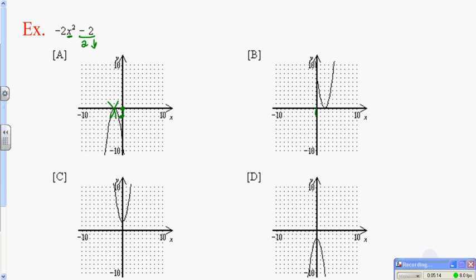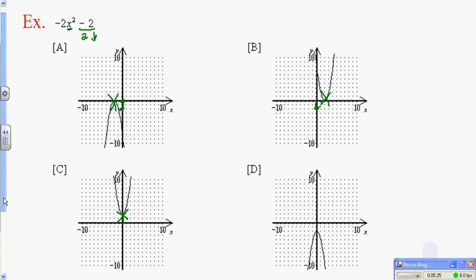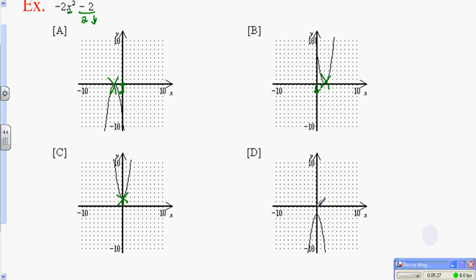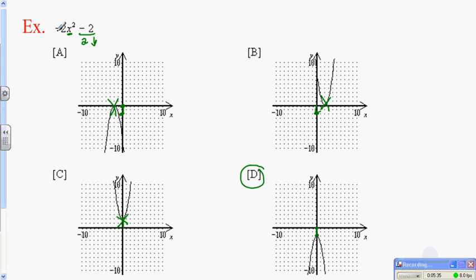Shifted 2 units down, should be here. This one went to the right. This one went 2 units up. Not correct. And D went 2 units down. That is correct. Again, it opens downward because of the negative 2.